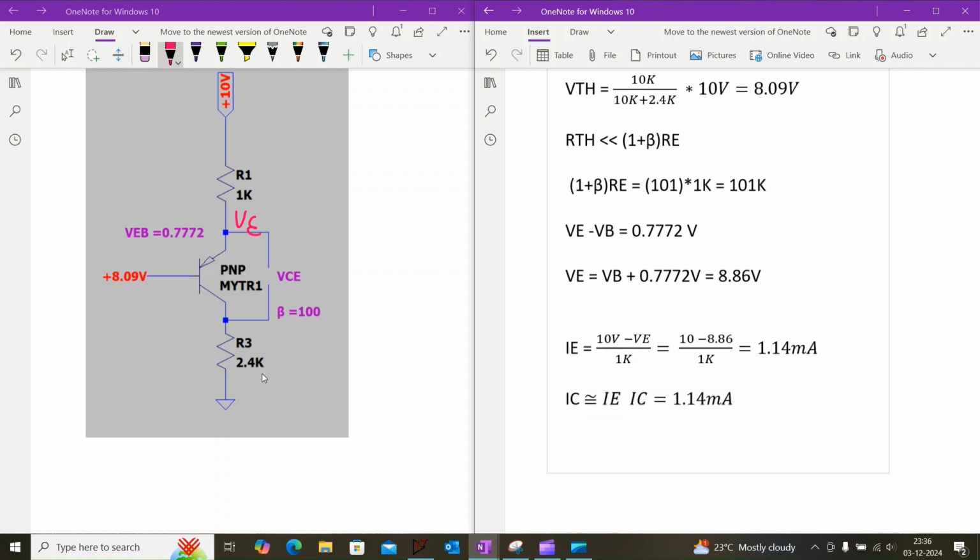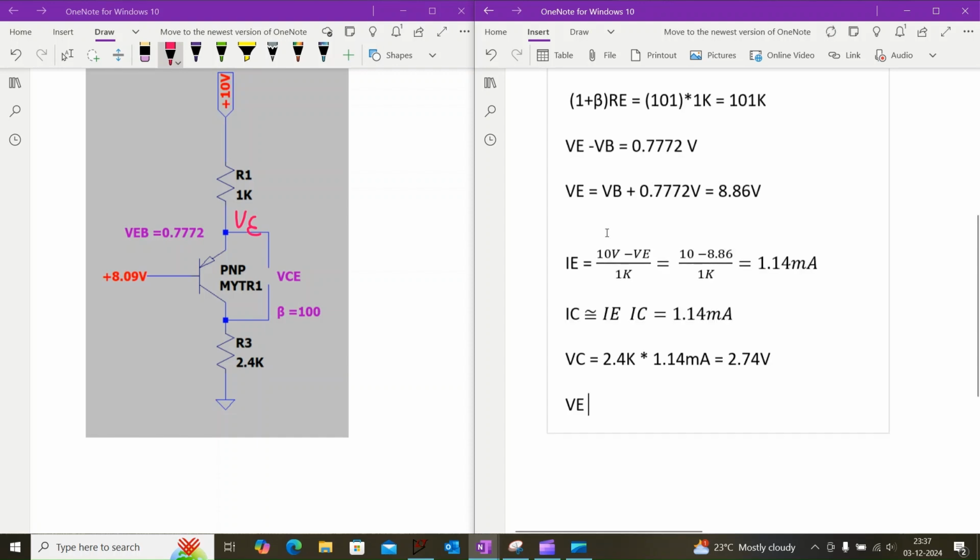Now we can easily find the collector voltage, which is VC equal to 2.4k times 1.14 milliamps, which is equal to 2.74 volt.